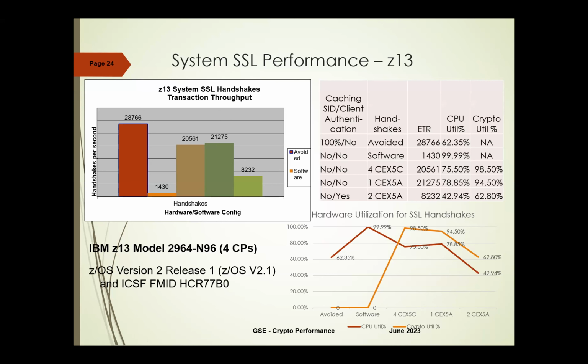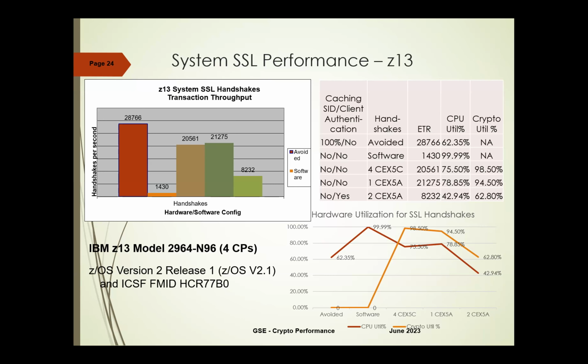So my point is that on this older technology, there was a much bigger bang for the buck if you convert from coprocessor to accelerator. You got 4 times as much throughput on an accelerator versus a coprocessor. On the Z14 and on the Z15, those numbers aren't quite as dramatic.